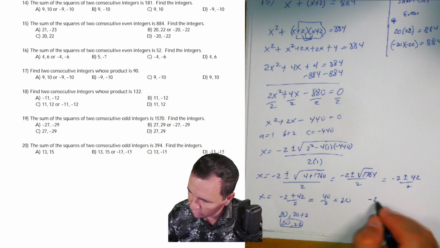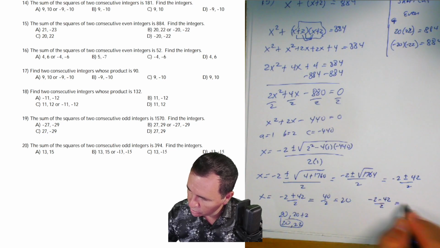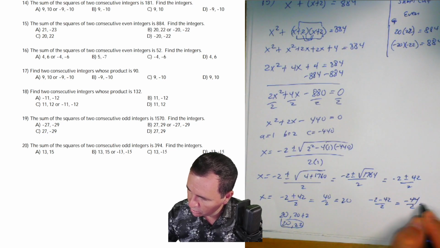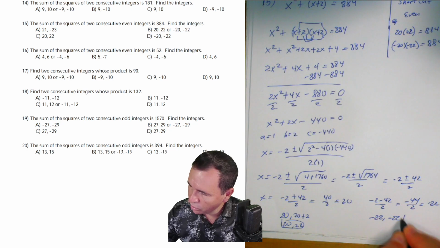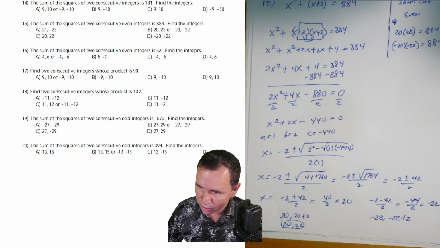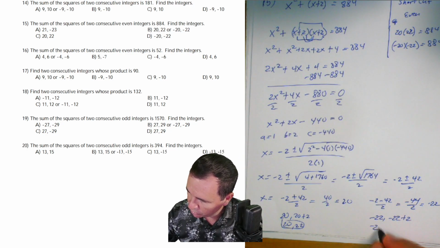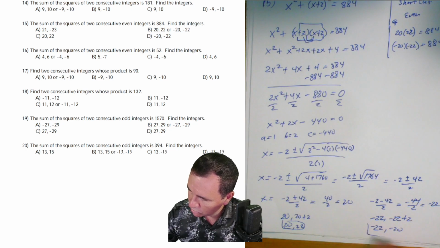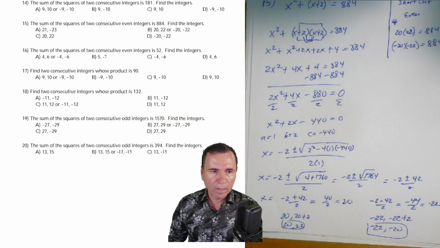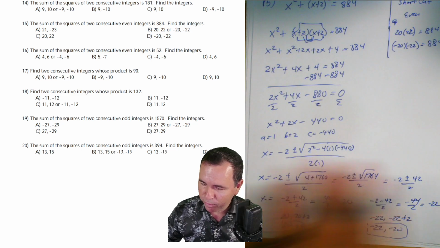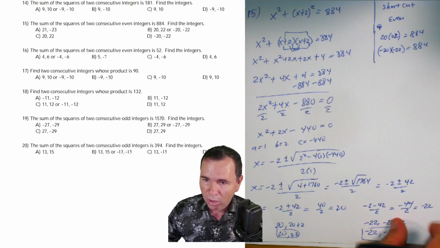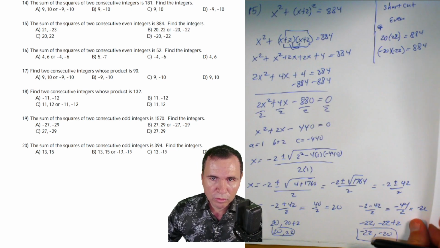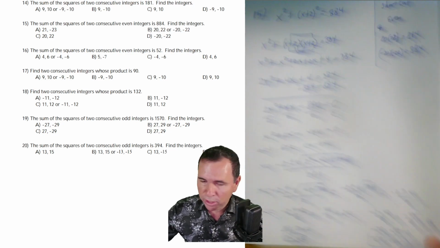So it's negative 2 minus 42 over 2, which is negative 44 over 2, which is negative 22. And when you add 2 to negative 22, it actually decreases the negative value, so it becomes negative 20. So these are my other two answers. I'm sure you're going to use the shortcut, but it's good that you know how to do it the long way. All right, you do 16, I'll do 17.